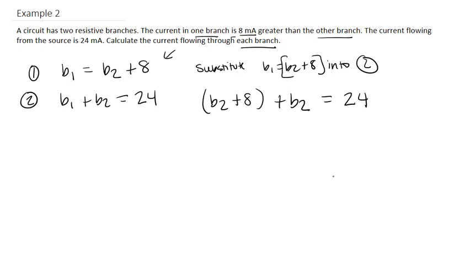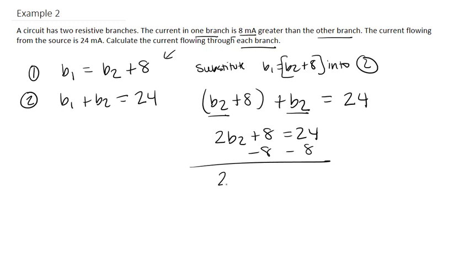Now we need to simplify. B2 plus B2 is 2B2, so 2B2 plus 8 equals 24. We subtract 8 from both sides, so we get 2B2 all by itself. 24 minus 8 is 16. We divide by 2 on both sides, and 16 divided by 2 is 8. So B2 is equal to 8 milliamps.